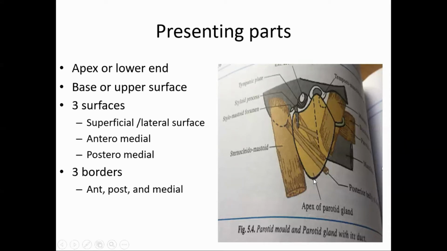The base, or the upper surface, lies below the external acoustic meatus. Apex is directed towards the cervical region.